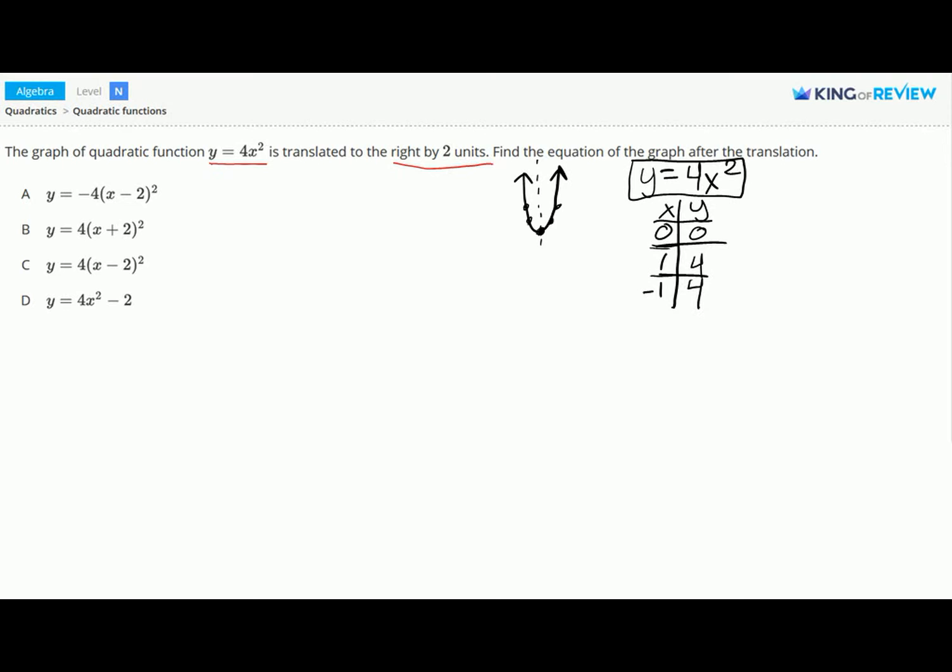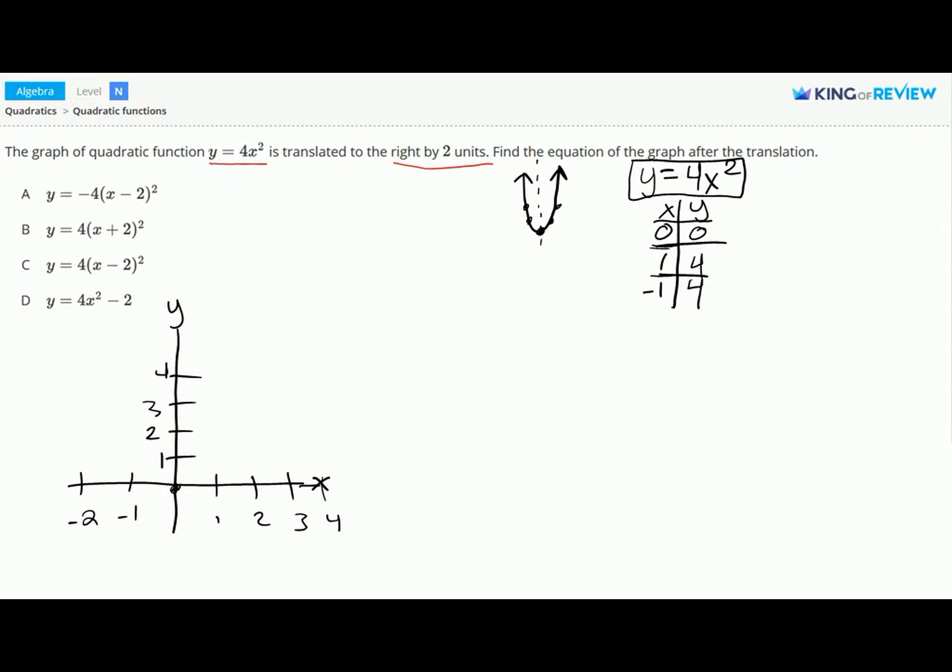So now we can plot this. If I have my x-axis here, and here's my y-axis, so we have the point 0, 0.